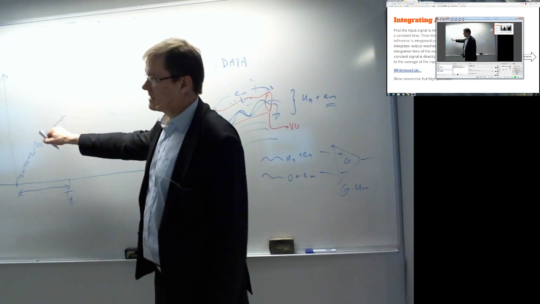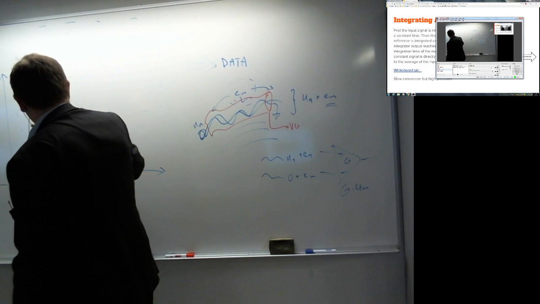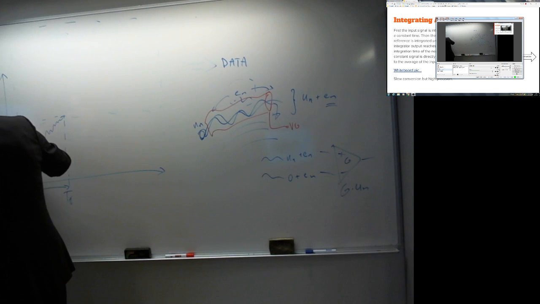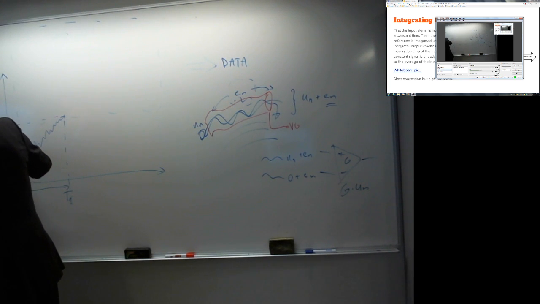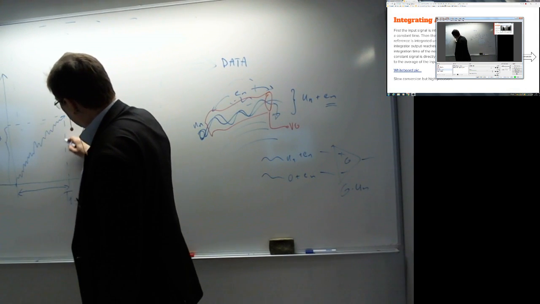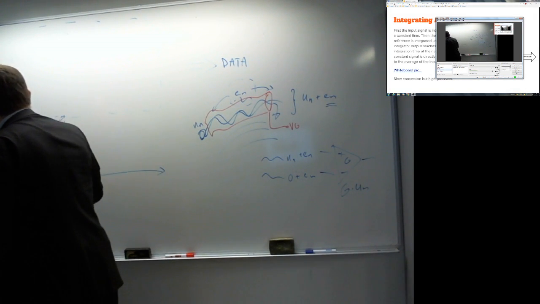It doesn't usually have that much noise on it. It reaches some level, which is proportional to the integral from 0 to Ti of x dt. So it measures basically this area right here.